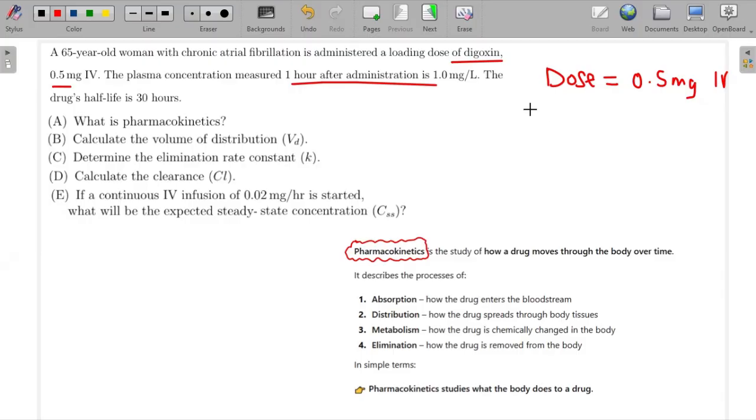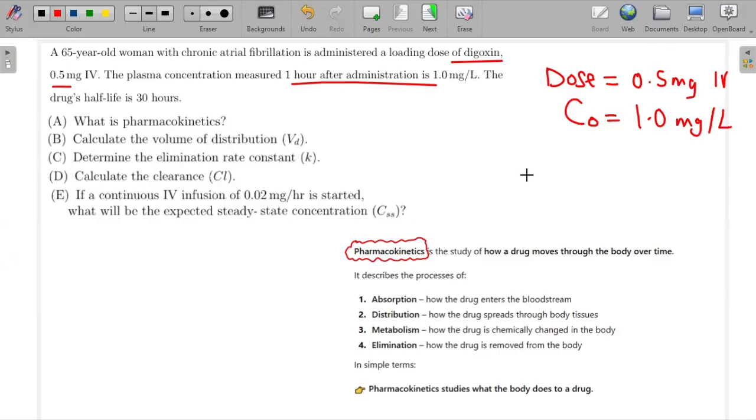The plasma concentration is going to be indicated by C naught, by which we just simply mean C with a zero like that. So the plasma concentration has been given as 1.0 milligrams per liter after an hour from when the drug was administered.